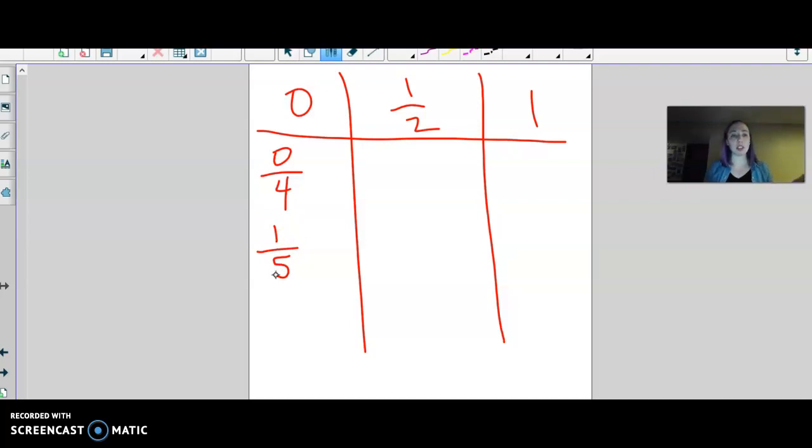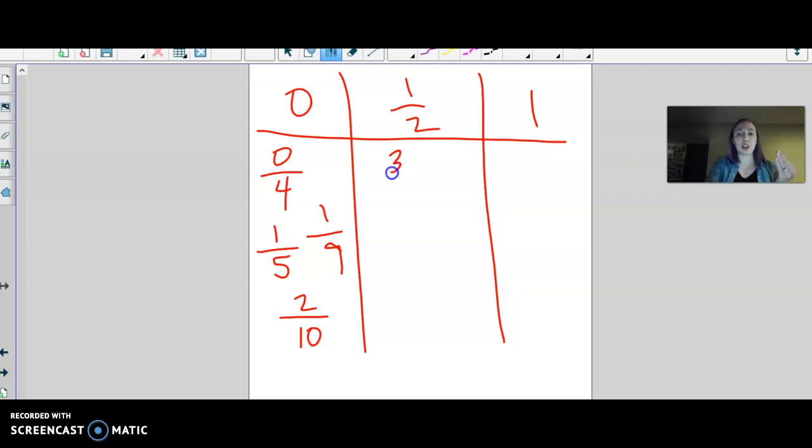So the benchmark that's closest would be 0. We can have like 1/9, or even like 2/10. Now, there's not a rule about like if it's a 2, it's automatically close to 0. It depends on what the bottom number is. And I'll show you a way to figure that out if you're not sure.